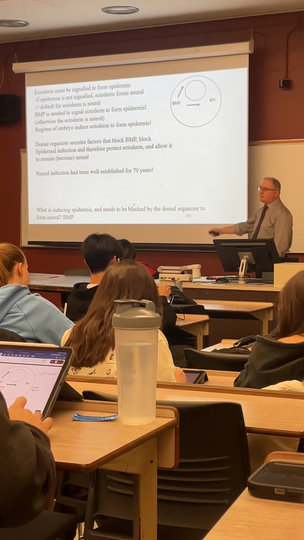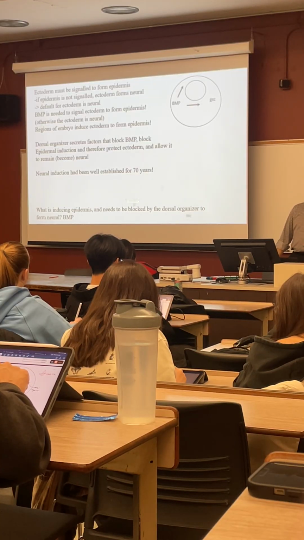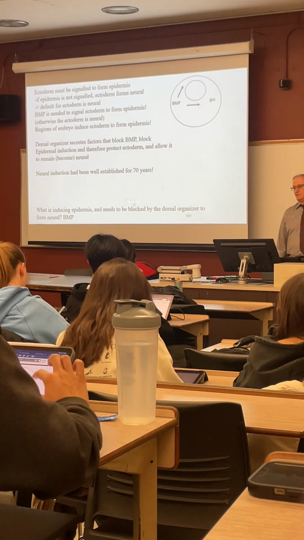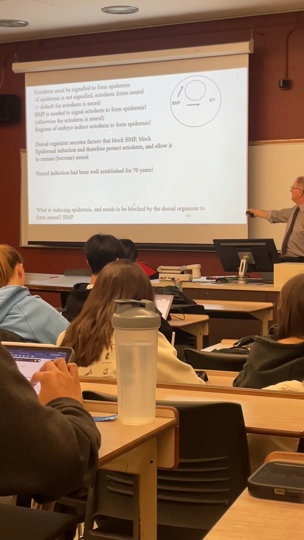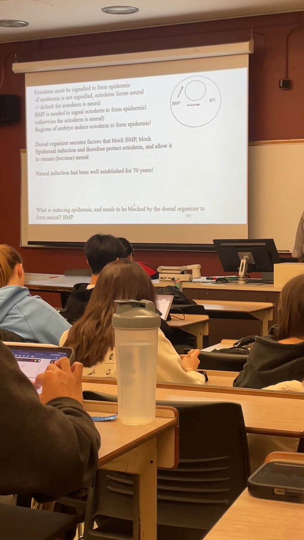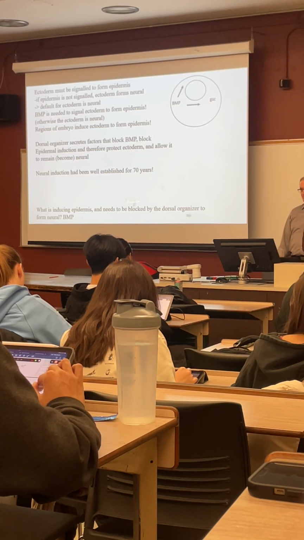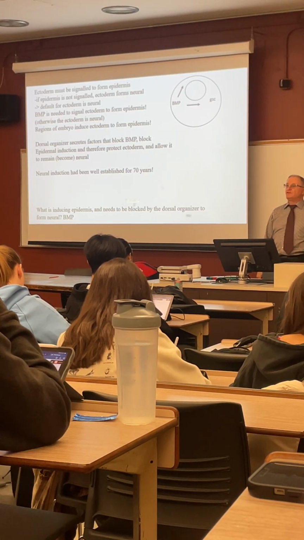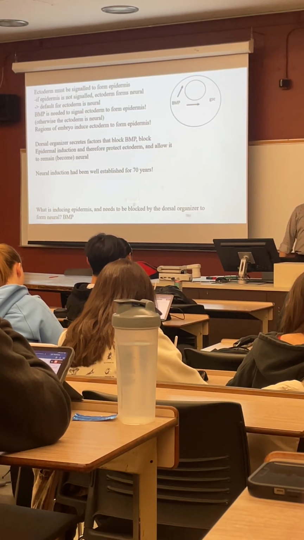The dorsal organizer and the notochord are secreting molecules that inhibit BMPs. Noggin, chordin, and follistatin all inhibit BMP. So the reason you form the neural structures right next to the notochord is because the notochord is inhibiting BMPs.